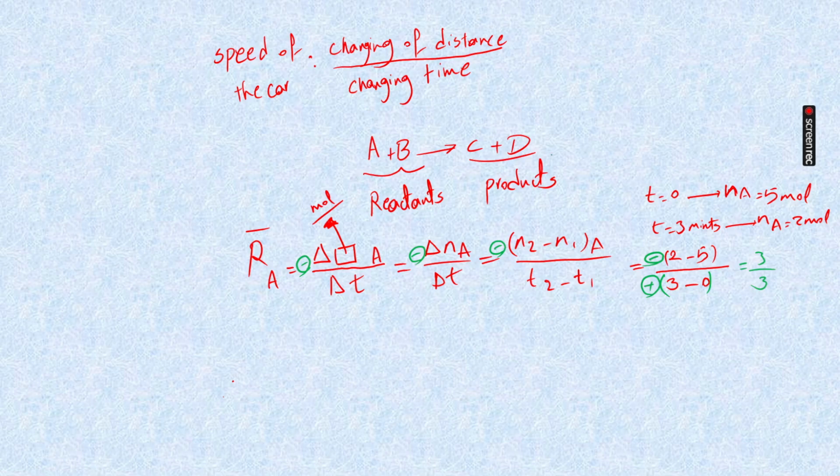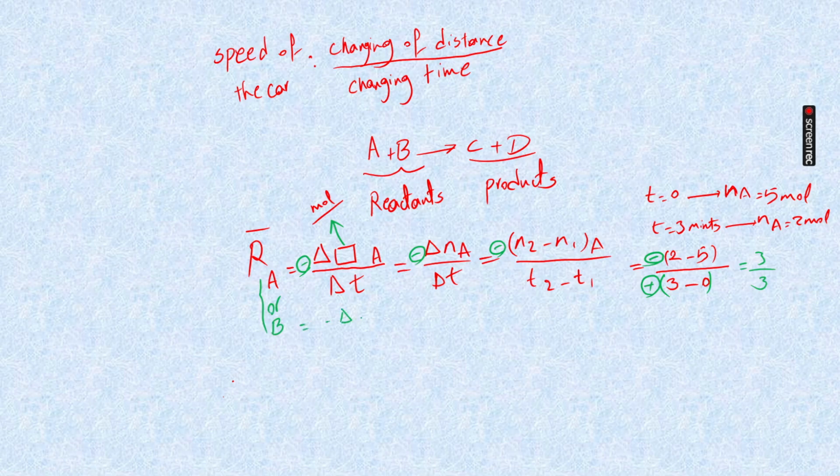So for the reactant, such as A or B, you have to put a minus on the numerator.